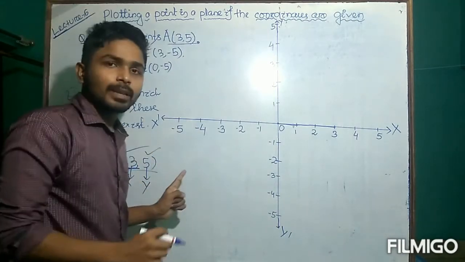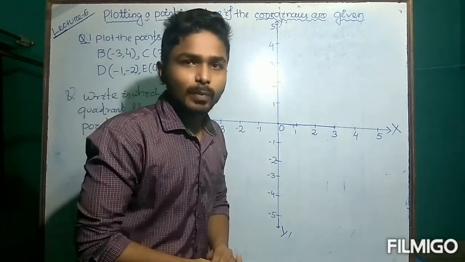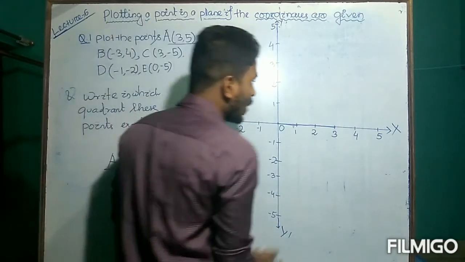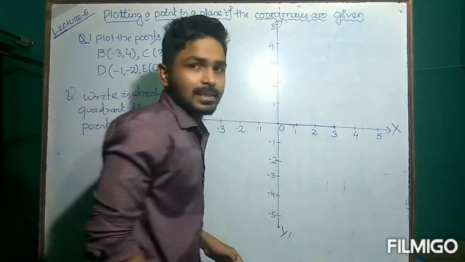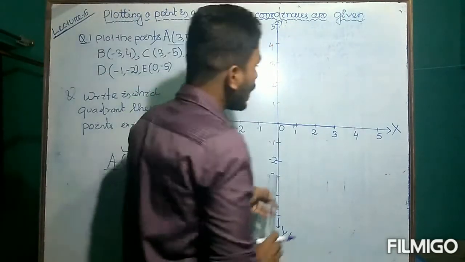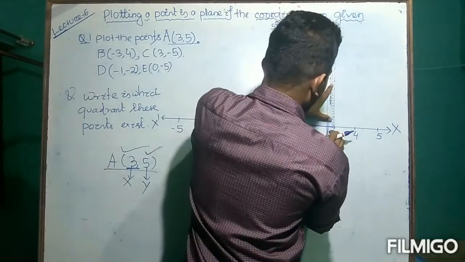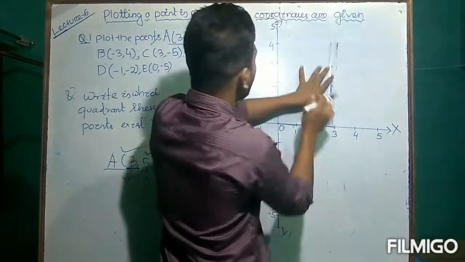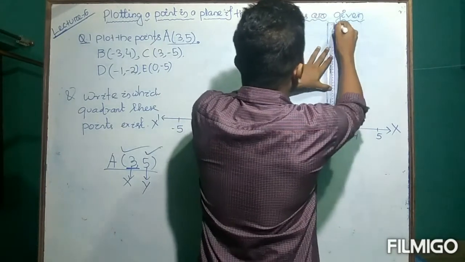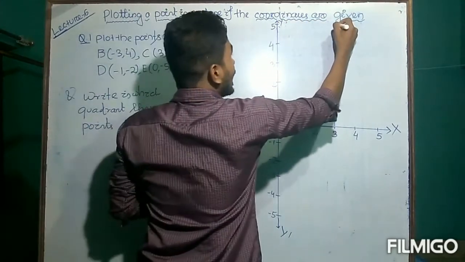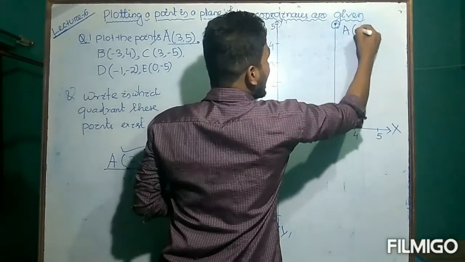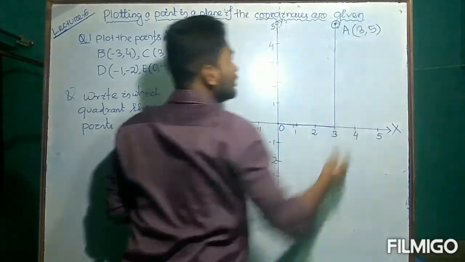Then the y coordinate is plus 5. Plus 5 means it is towards the positive direction of the y-axis, that means towards the upward direction. So you now have to move upward up to how many units? Up to 5 units. How? By using a scale. So this is 5 units, and now you reach the point, and this point is known as A, and its coordinates are 3 and 5.